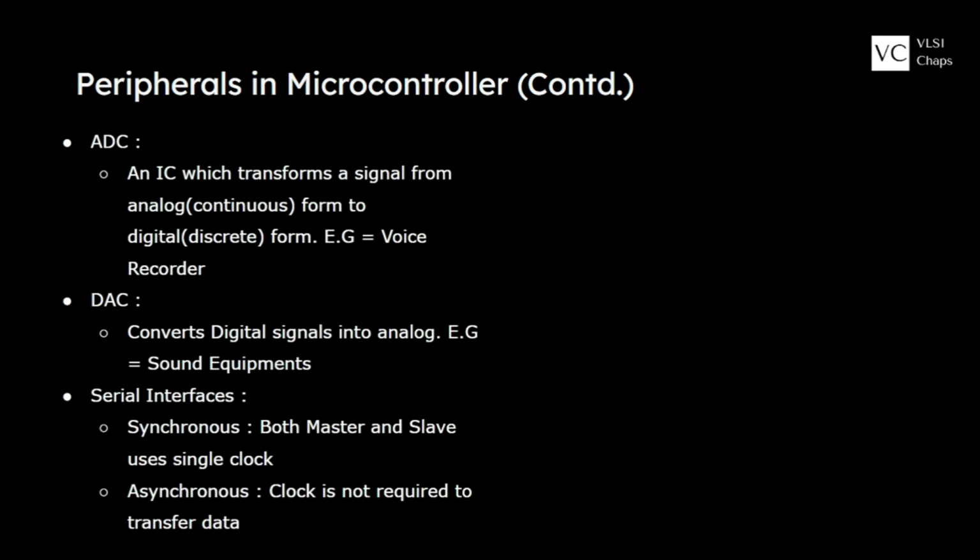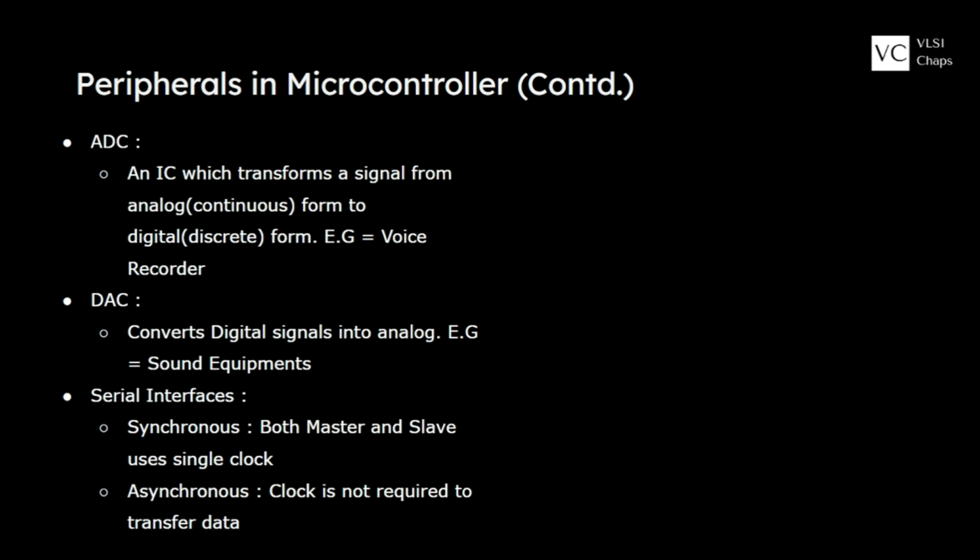So if we talk further about peripherals in the microcontroller, then we have analog to digital converters, digital to analog converters, and serial interfaces. Now the analog to digital converter comes into the picture where we need to convert an analog or continuous signal into a discrete or digital form. We know that the controller understands only one language, which is binary, in terms of zeros and ones.